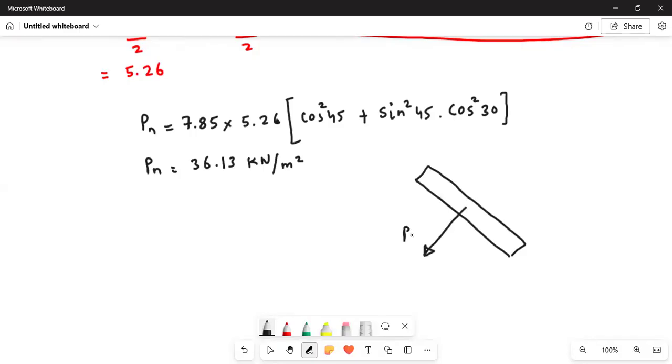This is Pn, okay? And you also have to consider the weight of the sloping slab, and the weight you need to consider perpendicular to the sloping slab. You need to resolve the weight.